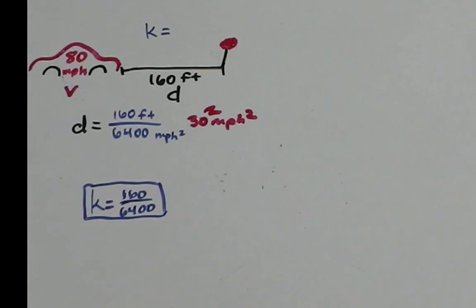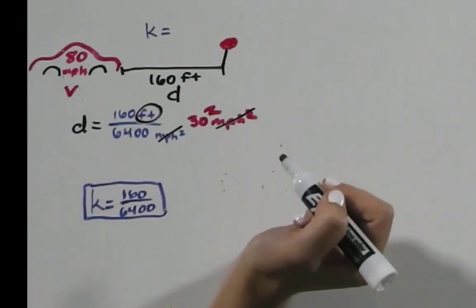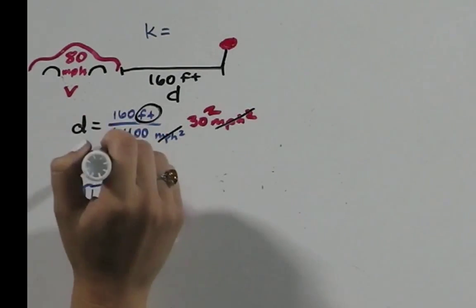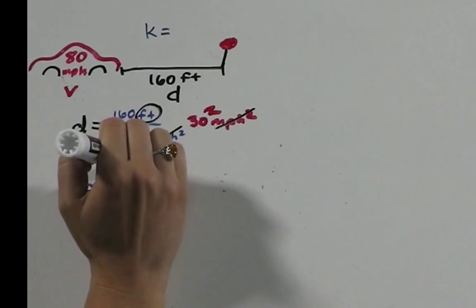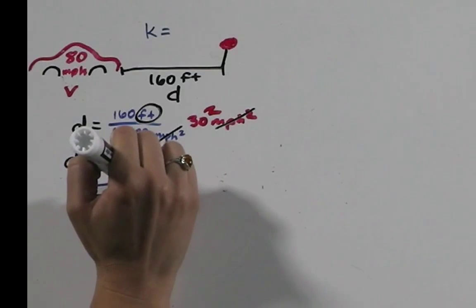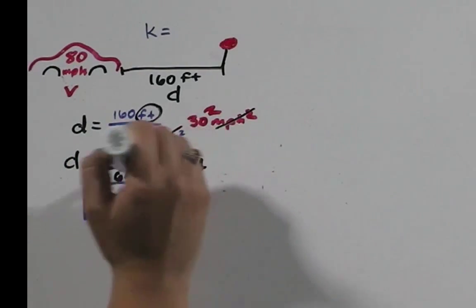Then just notice that our units will cancel out, so we'll be left with feet as our distance. And the answer is, in fact, that the stopping distance when you're going 30 miles an hour is equal to 160 times 30 squared all over 6400 feet.